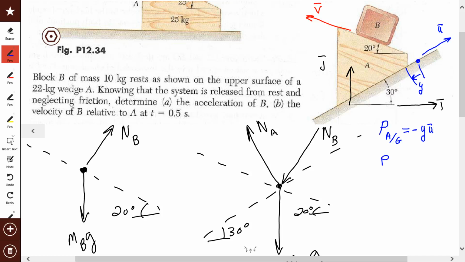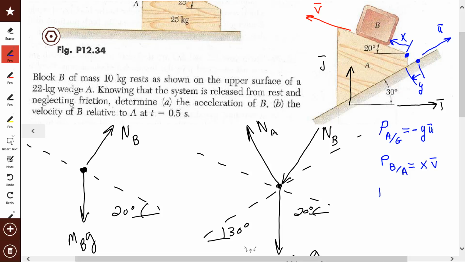Position of B relative to A, I'm going to put a point right here, and I'm going to define a distance. We'll call it X. So that would be distance X, and it'll be in the V direction.